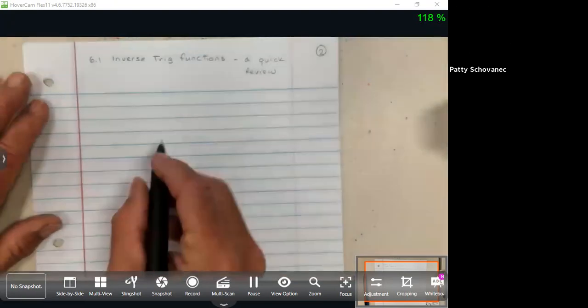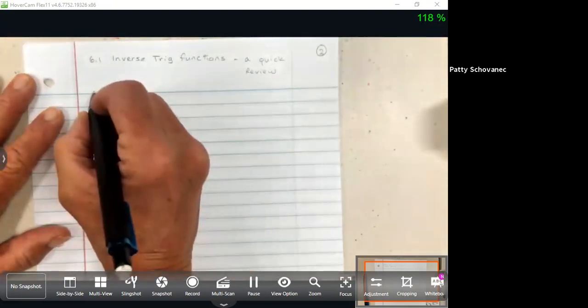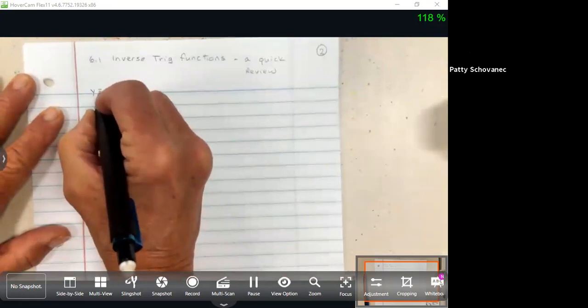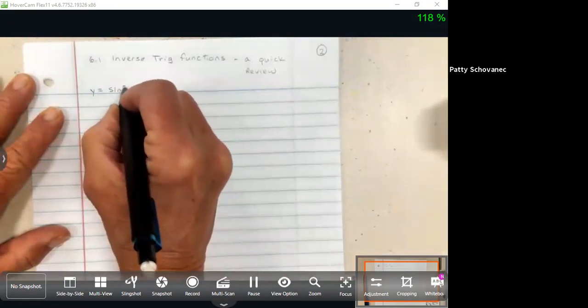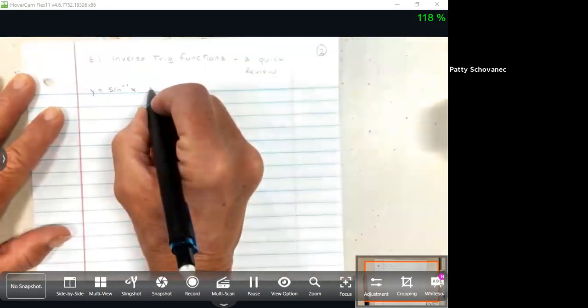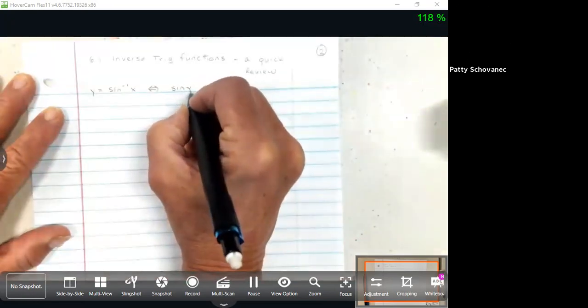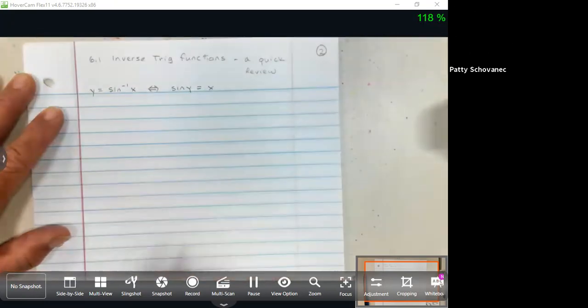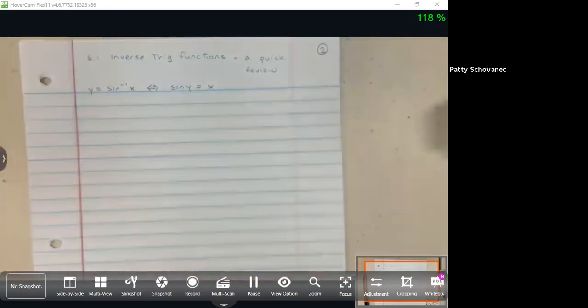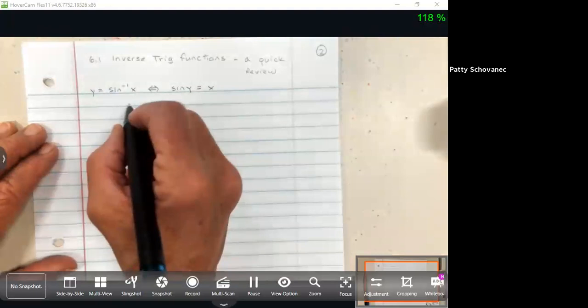We defined our inverse trig functions. Y is equal to the inverse sine of x is an angle y that we take the sine of to get the number x. That number x is a number between -1 and 1.